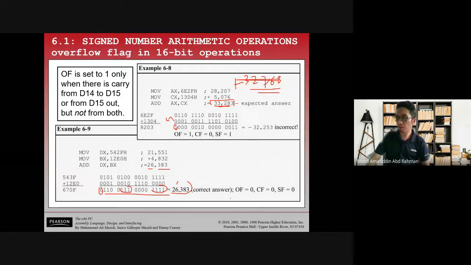From here, OF is 0, CF is 0, and SF is also 0.